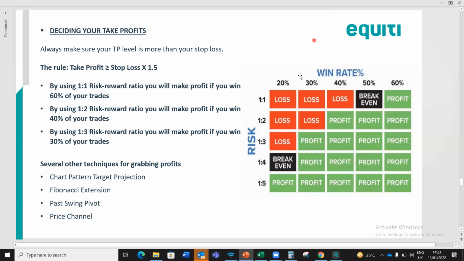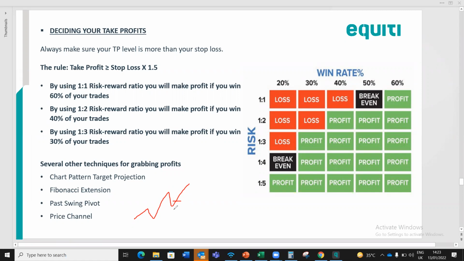Remember, I told you about trend lines. All right. A bullish trend is identified by higher highs and higher lows. So if you take a trade, let's say here, this is your entry price.